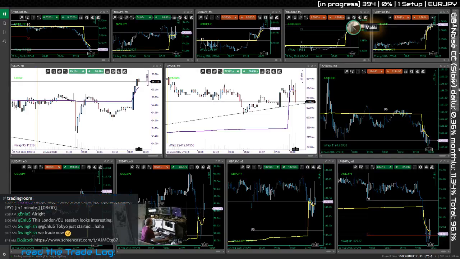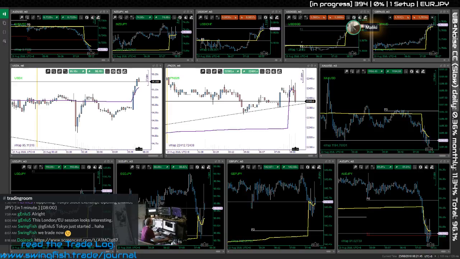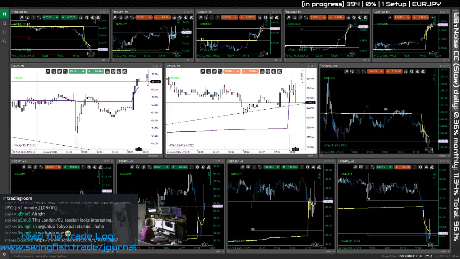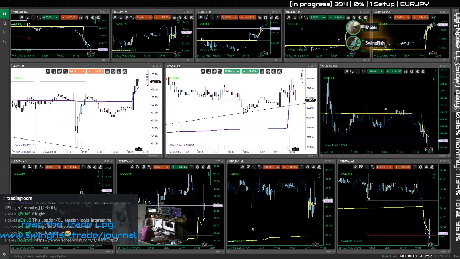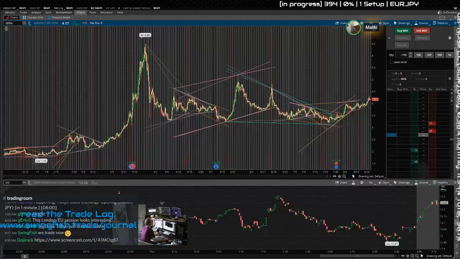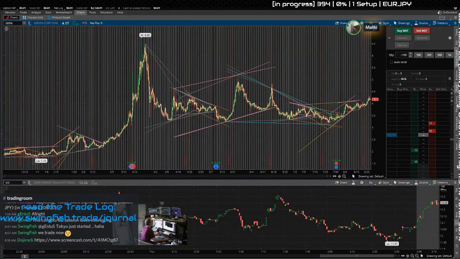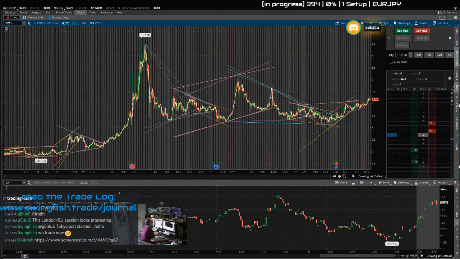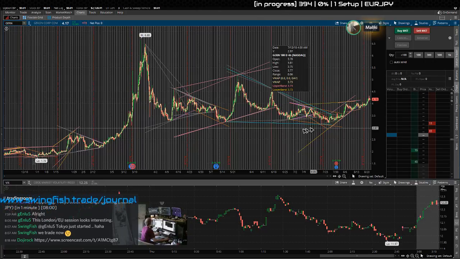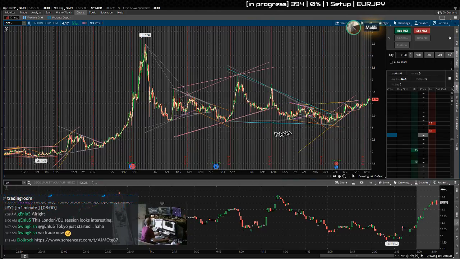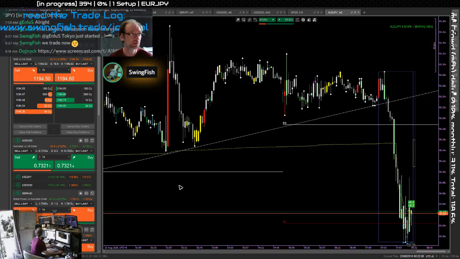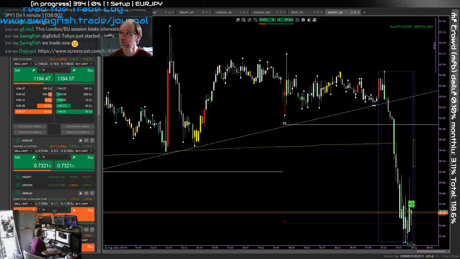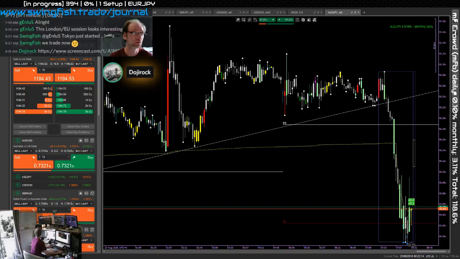Pound yen has stayed stable. Actually, no, it hasn't. Sorry. New Zealand yen too, similar to Euro yen. And this Euro yen is something else. The VIX went up nicely. Oops. The House of Pain.